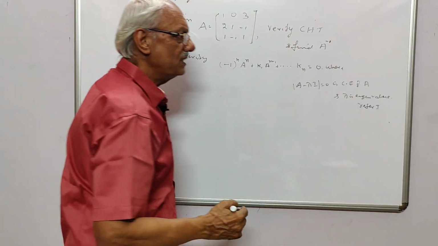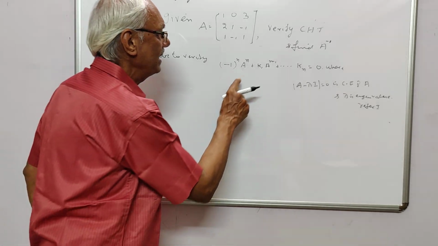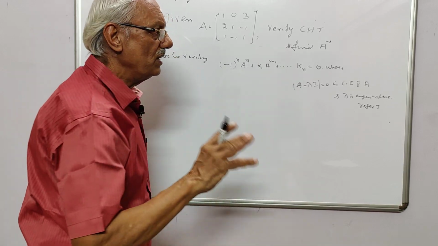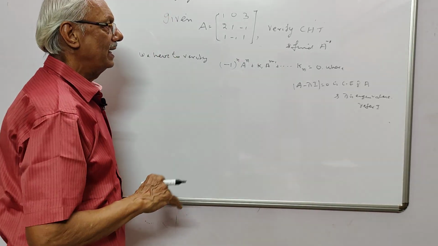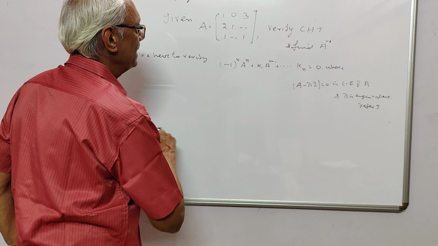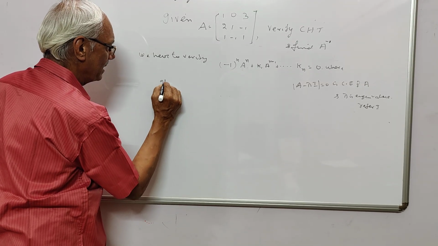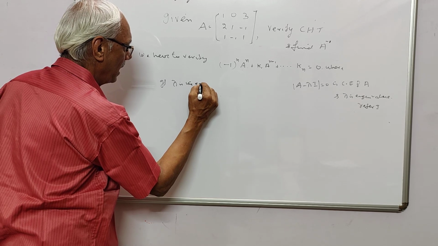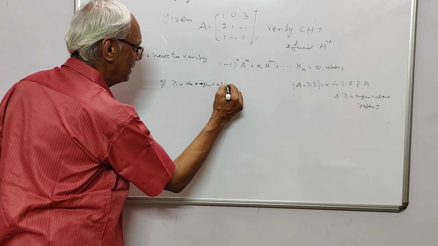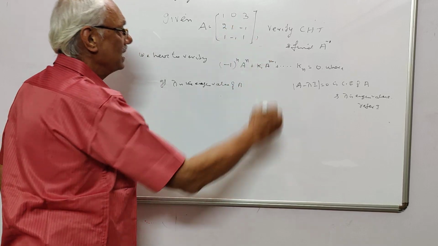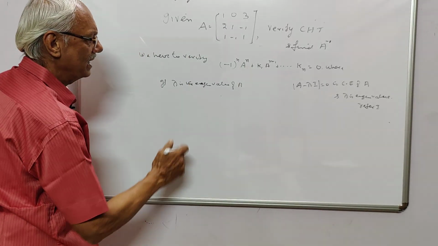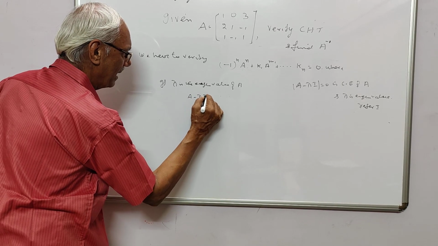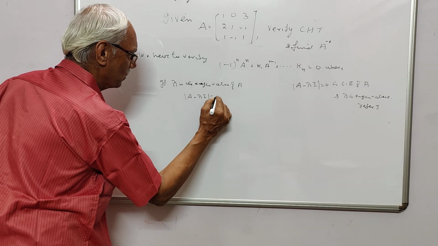Refer to 1. You will find that in the place of this you will have lambda. So we have to verify this. For that, if lambda is the eigenvalue of A, then we must have A minus lambda I is equal to 0.